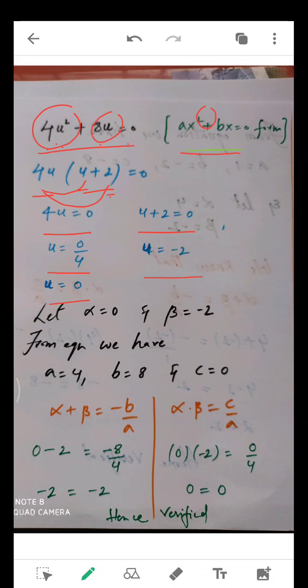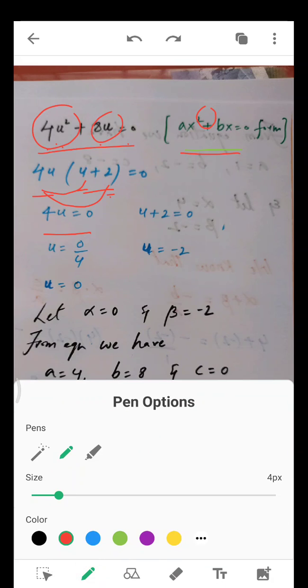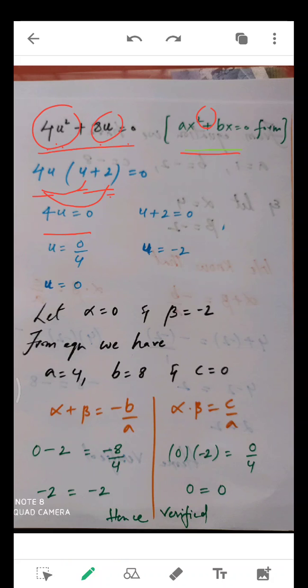So u equals 0 and u equals minus 2. Now these are our alpha and beta. What are our alpha and beta values here? u equal to 0 and u equal to minus 2 are our zeros. I'll take the first one as alpha and the second one as beta.